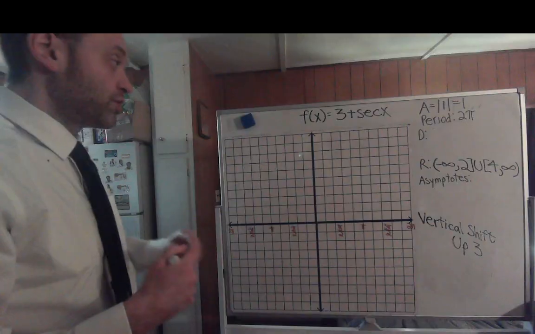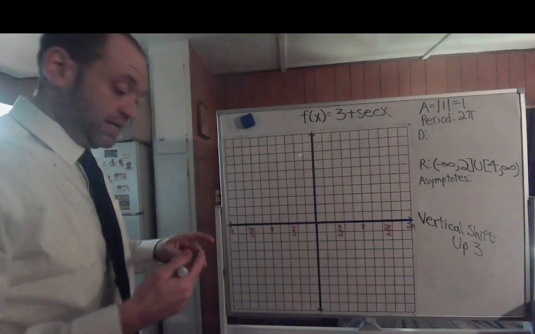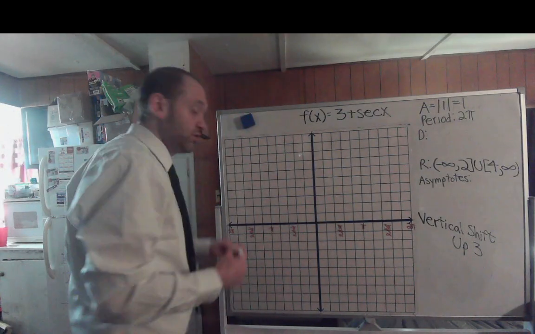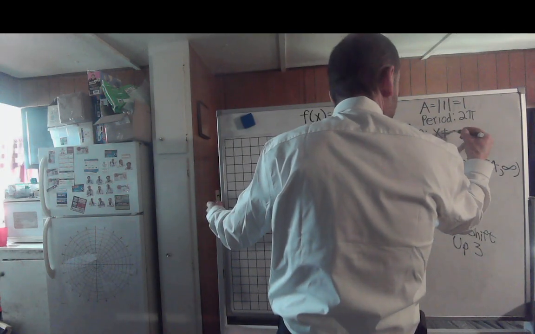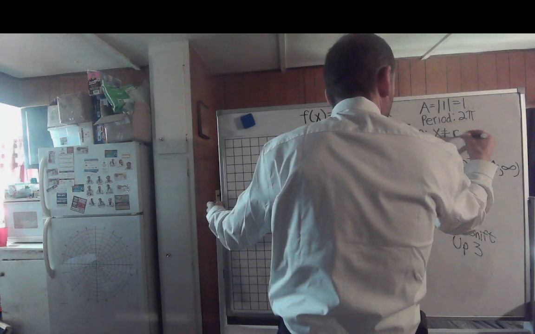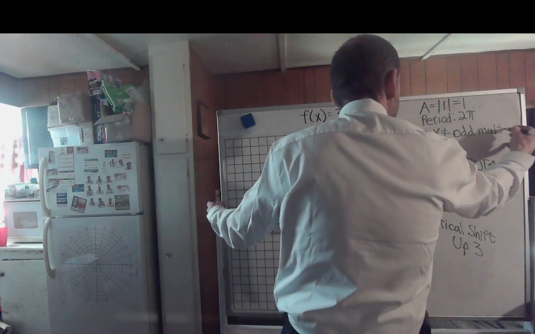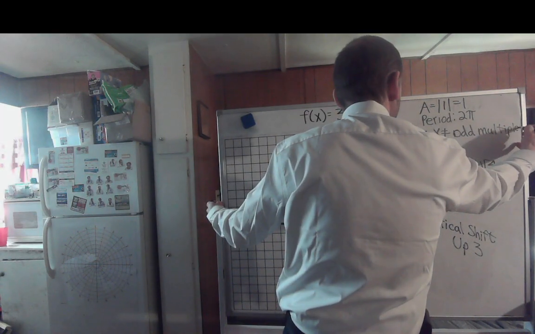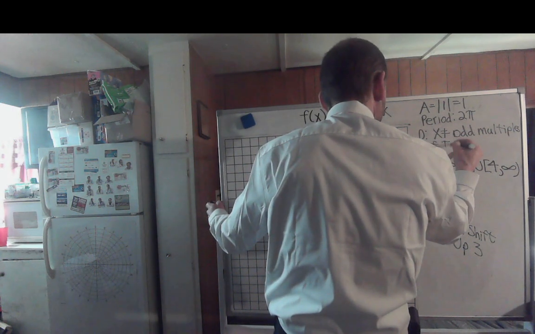Alright, so we got our critical points plotted. Where's the secant of x undefined? That's going to be at integer multiples of pi over 2, right? So the domain is all x except it cannot equal odd multiples of pi over 2. If I said integer multiples of pi over 2, I'm sorry, that was wrong. It's odd multiples of pi over 2.